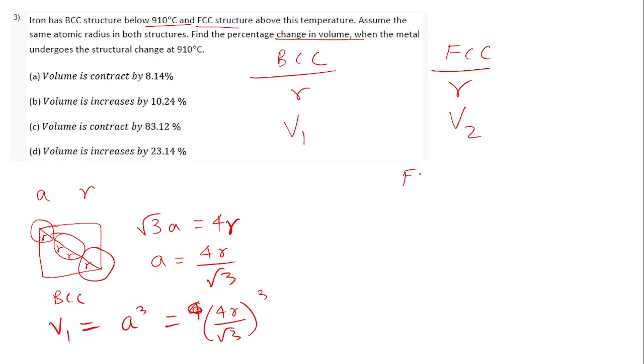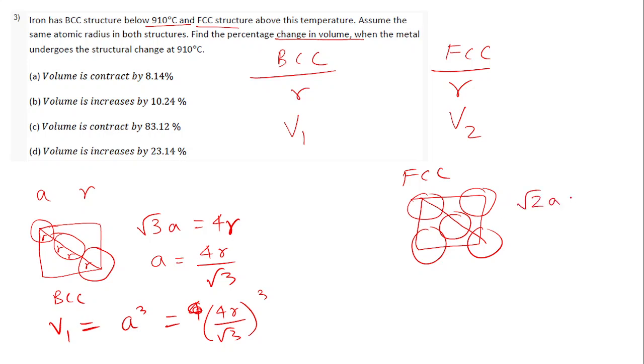Now for FCC, we know we have atoms at the corners and the ones on the face diagonal. So all these face diagonal ones are touching each other, and face diagonal root 2 a is equal to 4R. So a is equal to, we should call it a1 actually, because the lattice constant is changing in BCC and FCC.